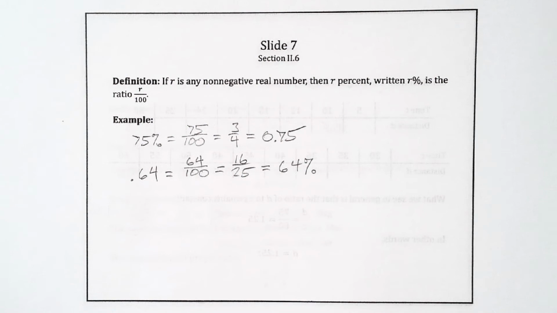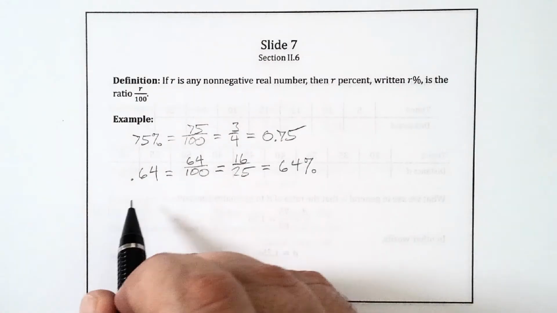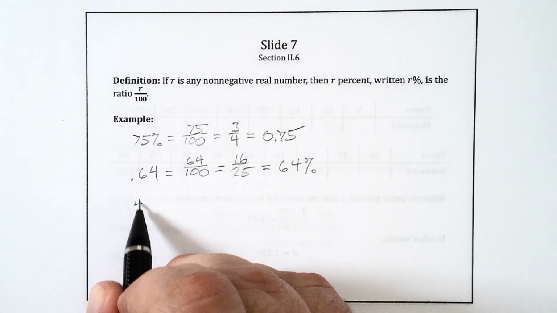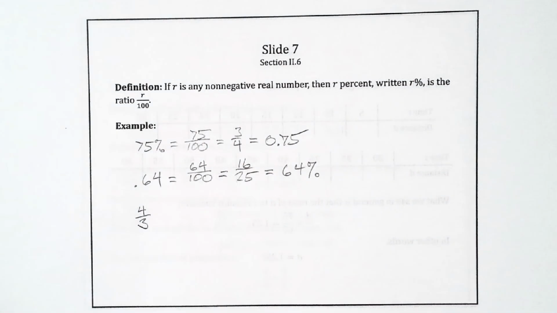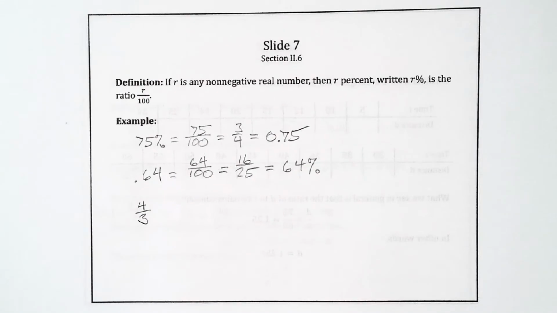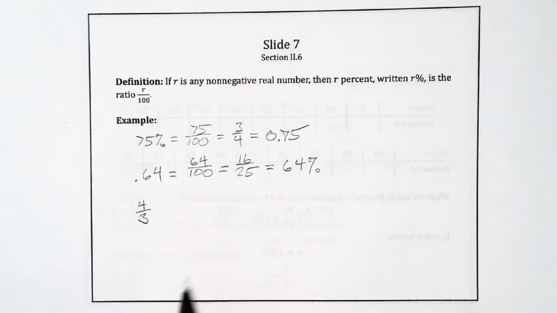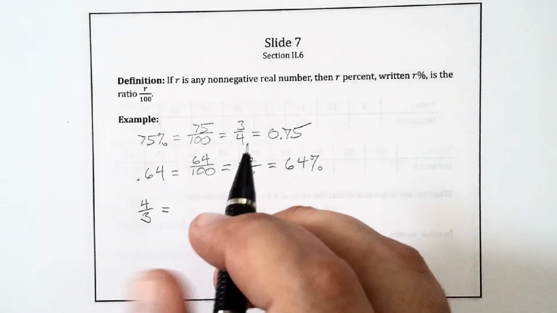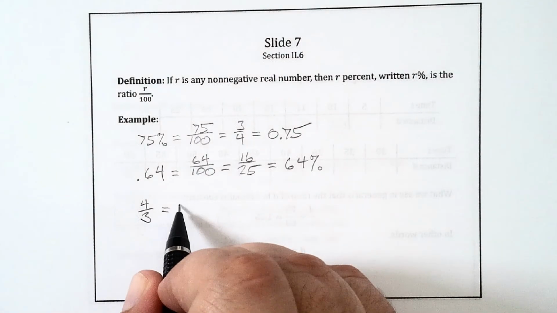Or if I want to start with a fraction, let's say 2/3. Let's say 4/3, just so we get something greater than 1. So 4/3. Well, I could write this as a decimal, using the methods we learned in the last section, 7.1.